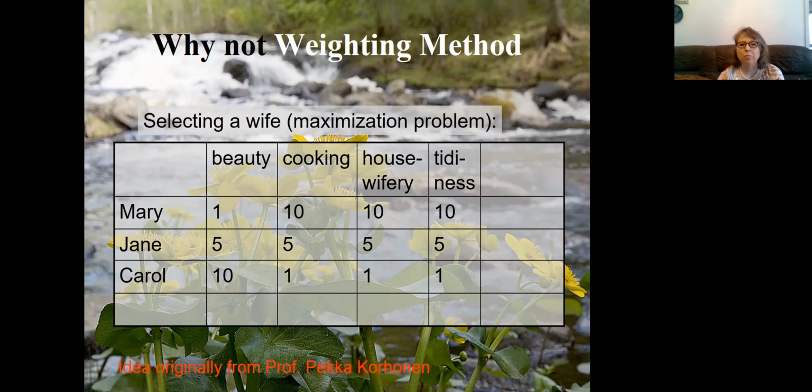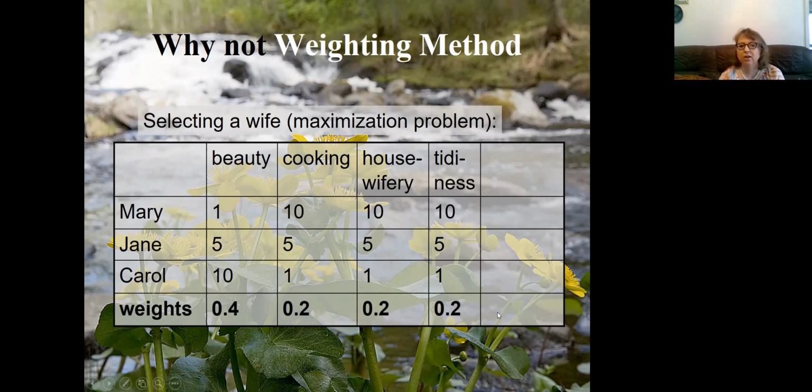So if we apply the weighting method to solve this problem, we need to provide weighting coefficients for each of the objective functions. And as said, we assume that they sum up to 1. Let us, for example, assume that we want to emphasize beauty, but the other objectives are also somewhat important.